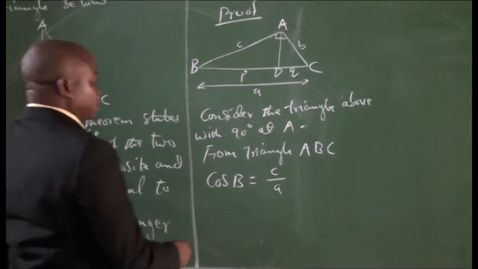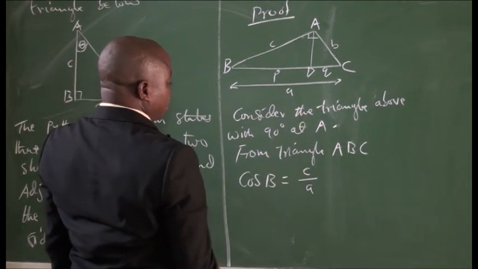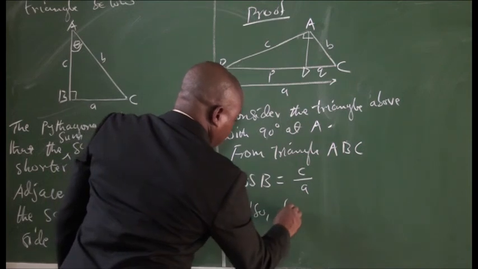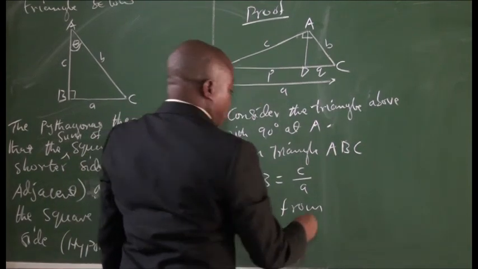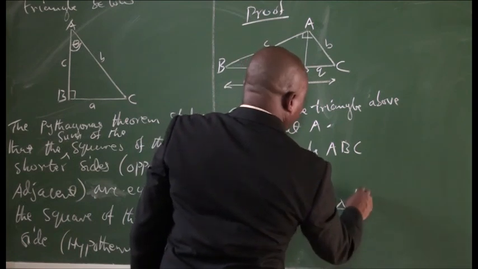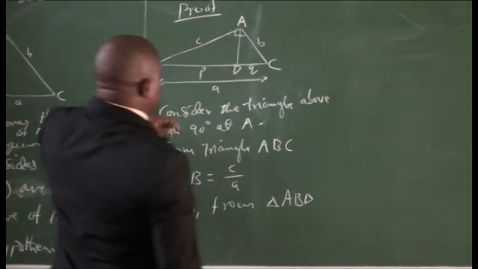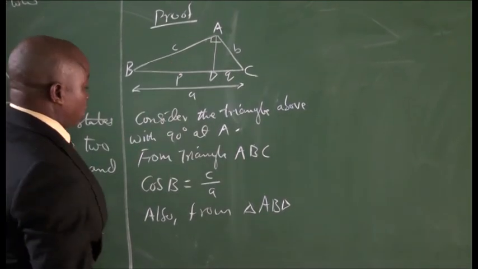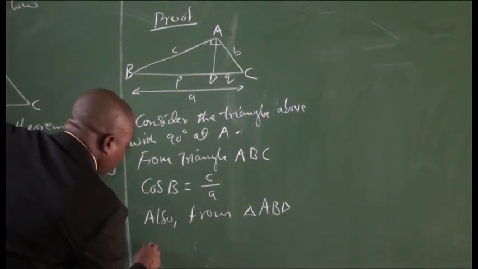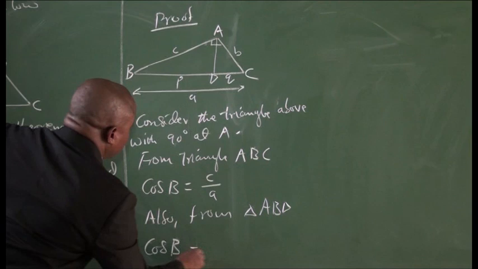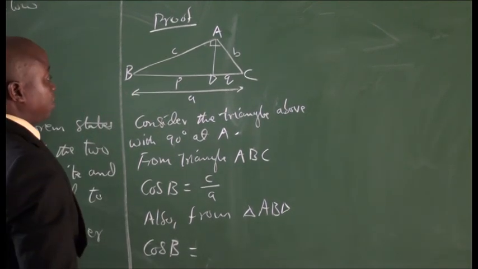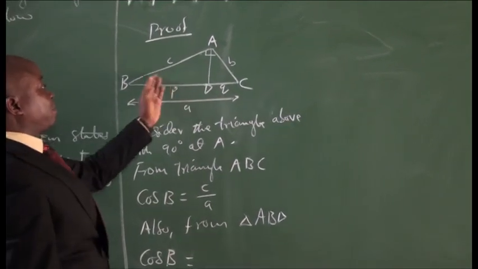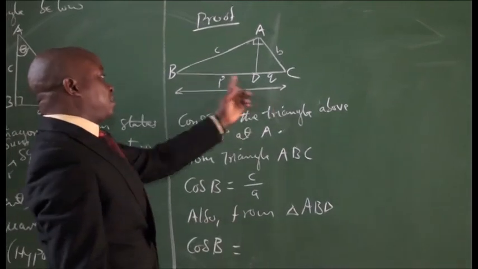And then, if that is the case, we can also consider triangle ABD, that is, I'm looking at from here to here, this triangle. I also see that cos B is equal to P over C, because at that point, this becomes the hypotenuse and not this again.